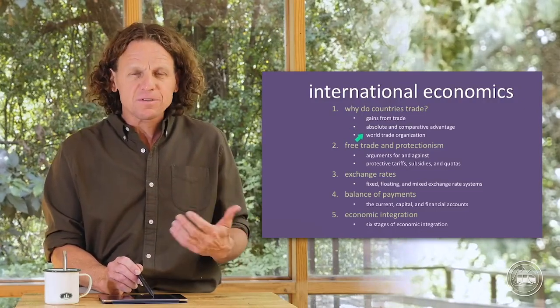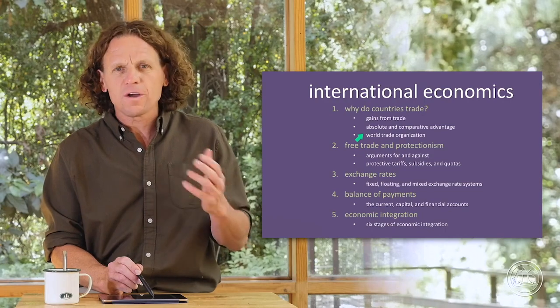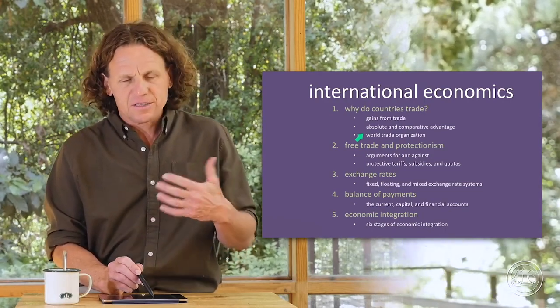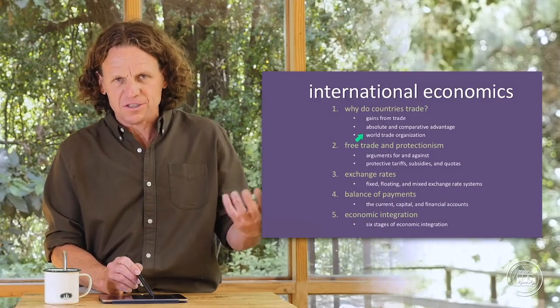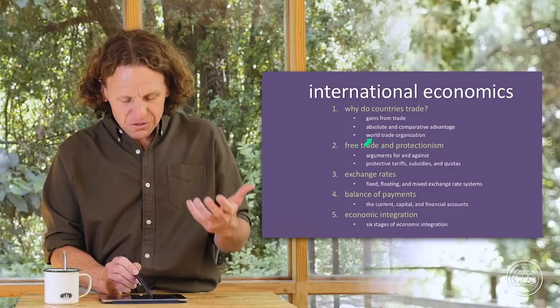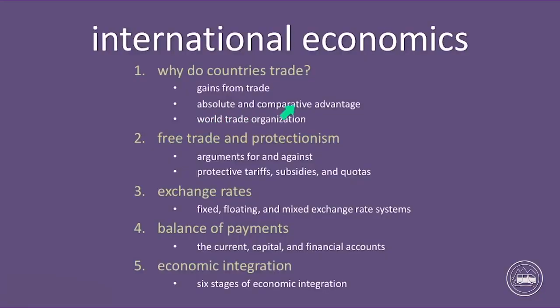We'll look at concepts that you may have known about from somewhere in your life, the ideas of absolute and comparative advantage. And then we'll take a look at the world governing organization that looks after world trade, the World Trade Organization. So there's chapter 1.